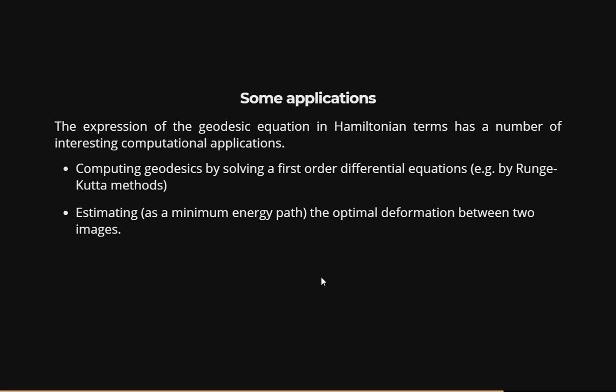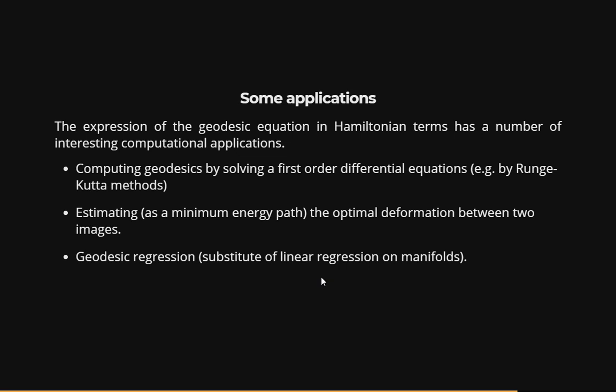Estimating as a minimum energy path the optimal deformation between two images. We will talk about it in the end of the next hour. Geodesic regression. So you can use this characterization of geodesics to write the equivalent of linear regression on manifolds, which is called geodesic regression.